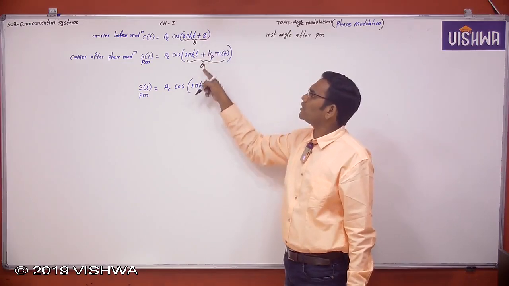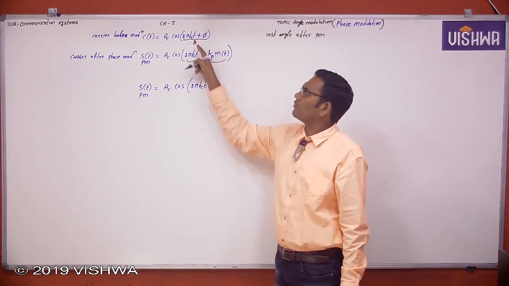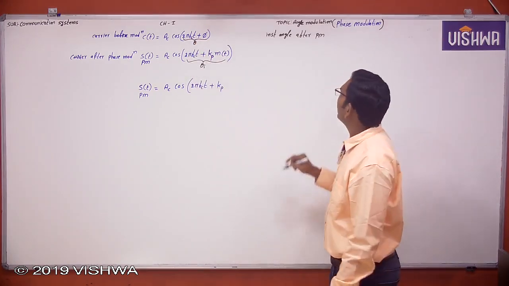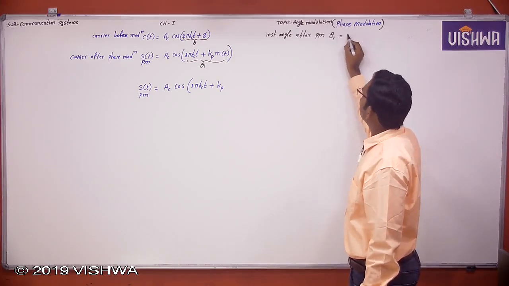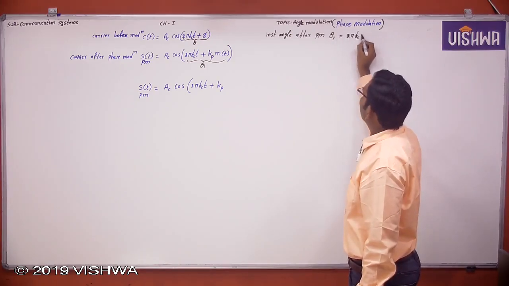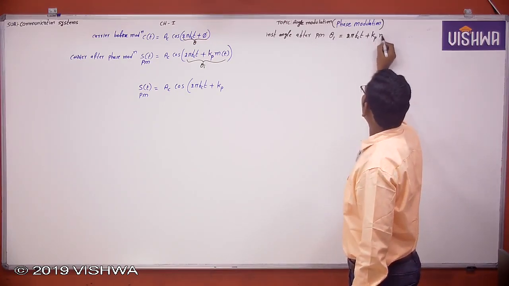That's why phase modulation is called angle modulation. Frequency changes, angle changes. Therefore, frequency modulation is called angle modulation. And the instantaneous angle after phase modulation, theta i, is equal to 2 pi fc t plus Kp into m of t.